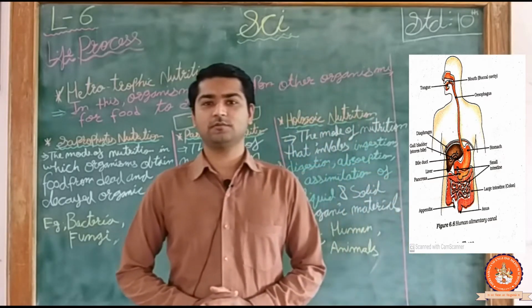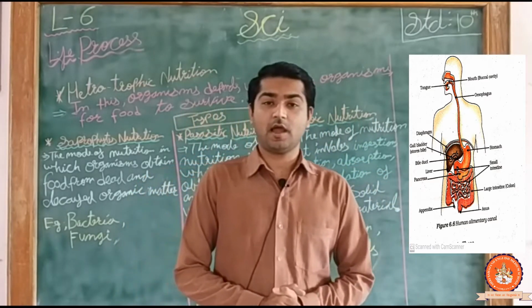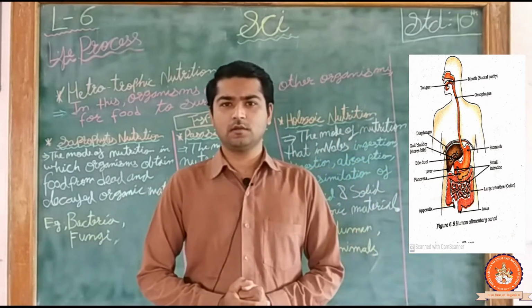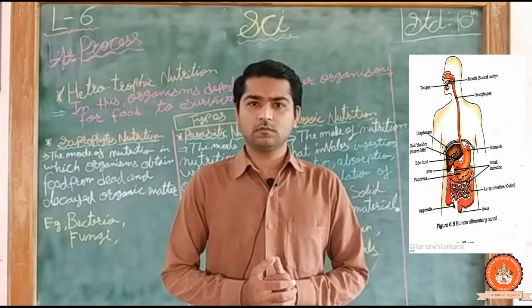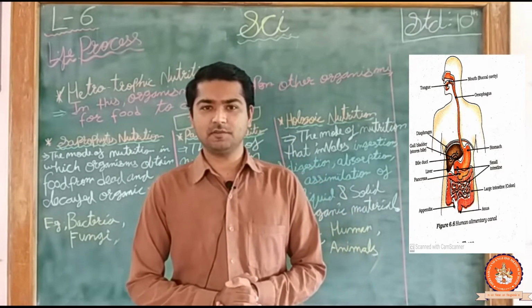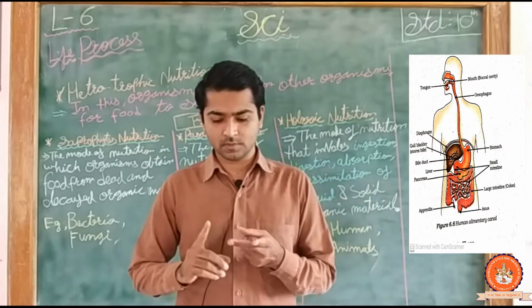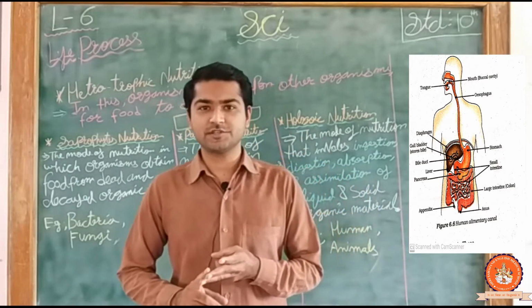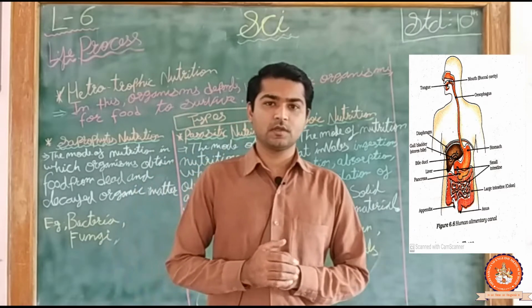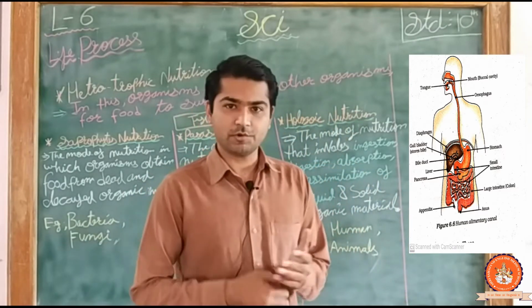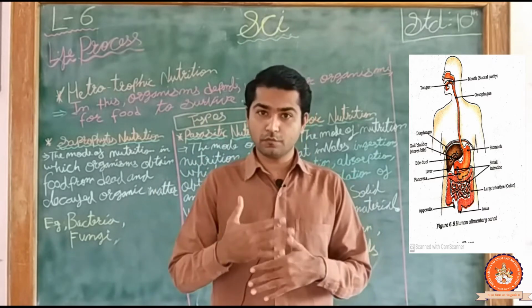In the last video, when we started this chapter, I had already discussed what a life process is, and what we need for our existence as a living being. I explained nutrition, respiration, transportation and excretion. Under nutrition, I told you what nutrients are, what nutrition is, and the modes of nutrition.